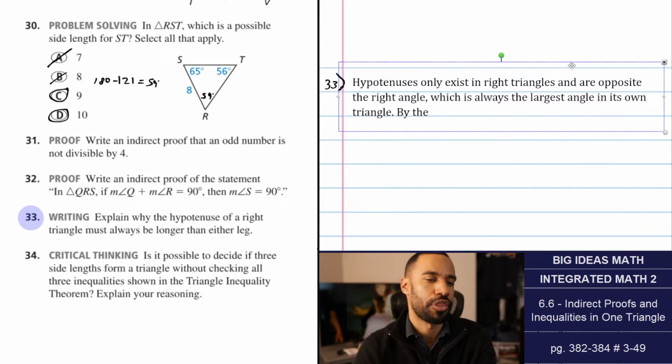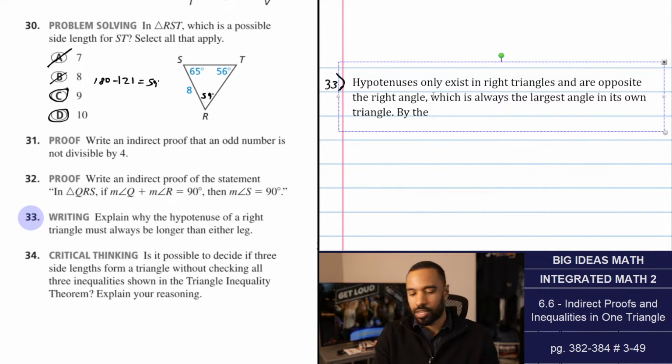By the theorem name, longest, let me look it up. Let me go back to the thing. By the triangle longer side theorem, no, larger angle theorem. One angle is larger. Yeah. By the triangle larger angle theorem.